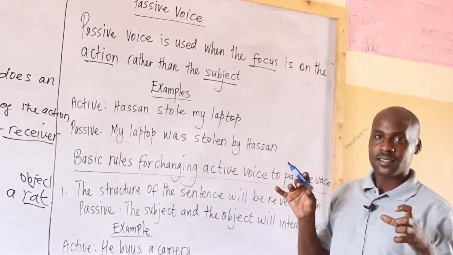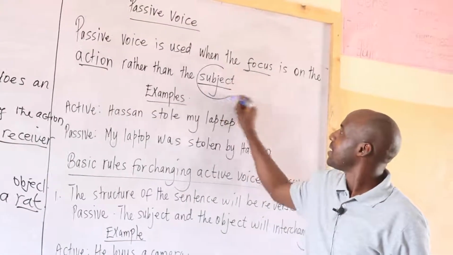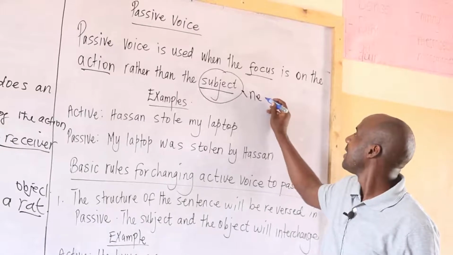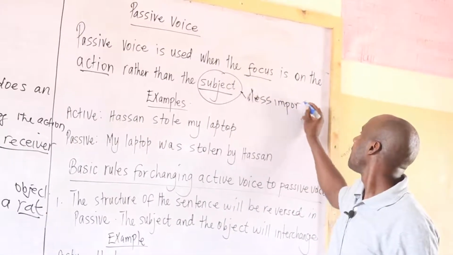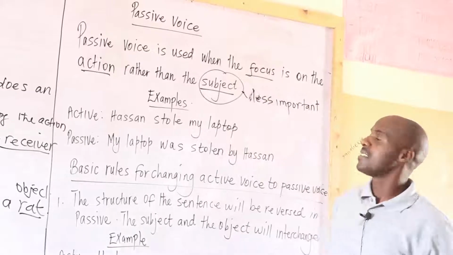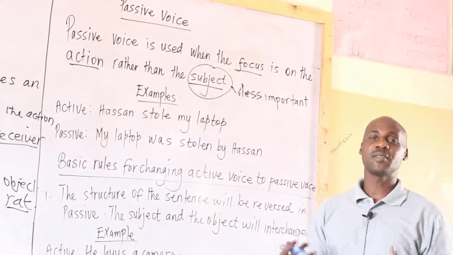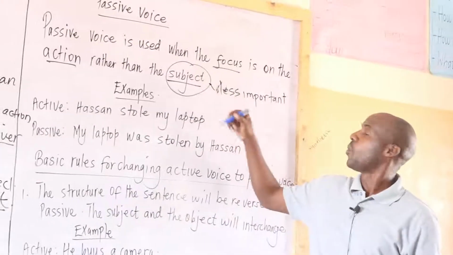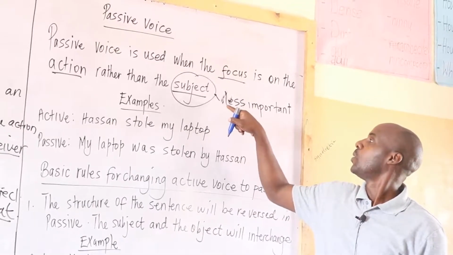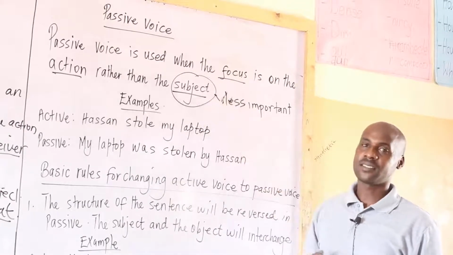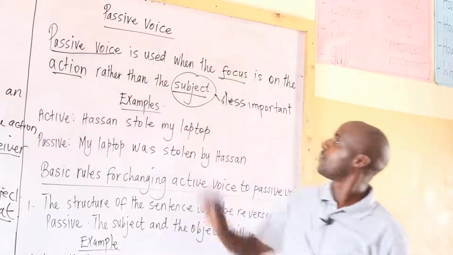The focus is put on the action rather than the subject, which means that the subject is either less important, not considered as something that is very important, or we don't know who the subject is. So in that case we use passive voice.